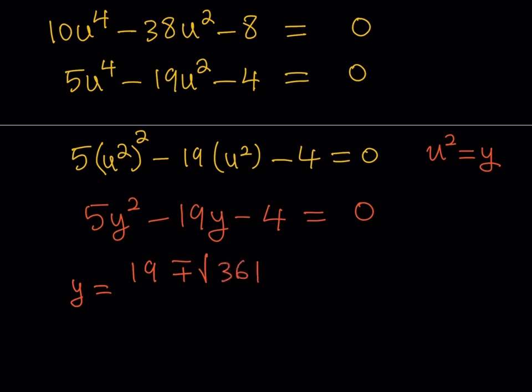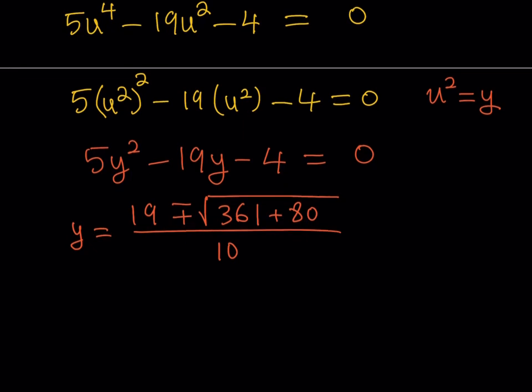Remember, we used this number yesterday, I believe. 19 squared is 361, minus 4ac. Since c is negative, I can just put a plus sign there and multiply the 4 times the 5 times the 4, which is 80. And that's going to give us a nice number too, so don't worry about it. Plus 80, and then divided by 2 times a, which is 10. Okay, cool.